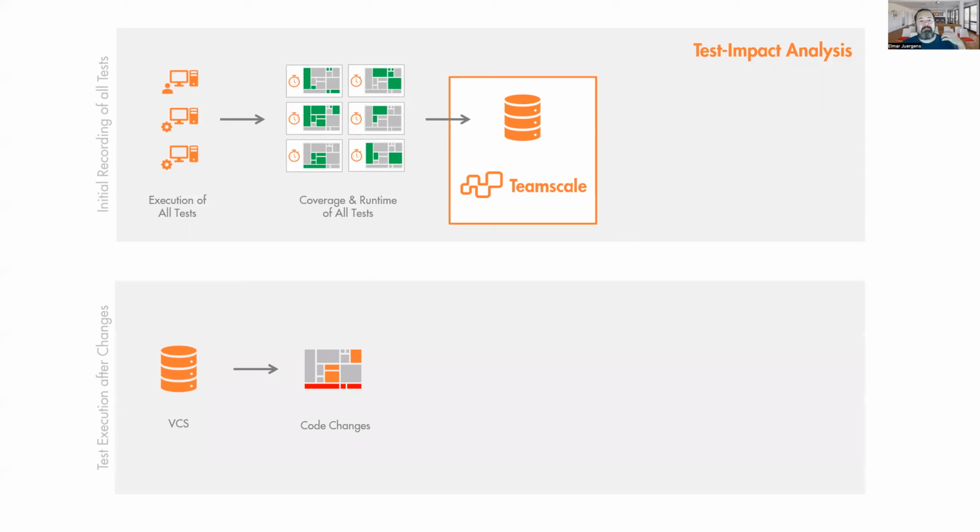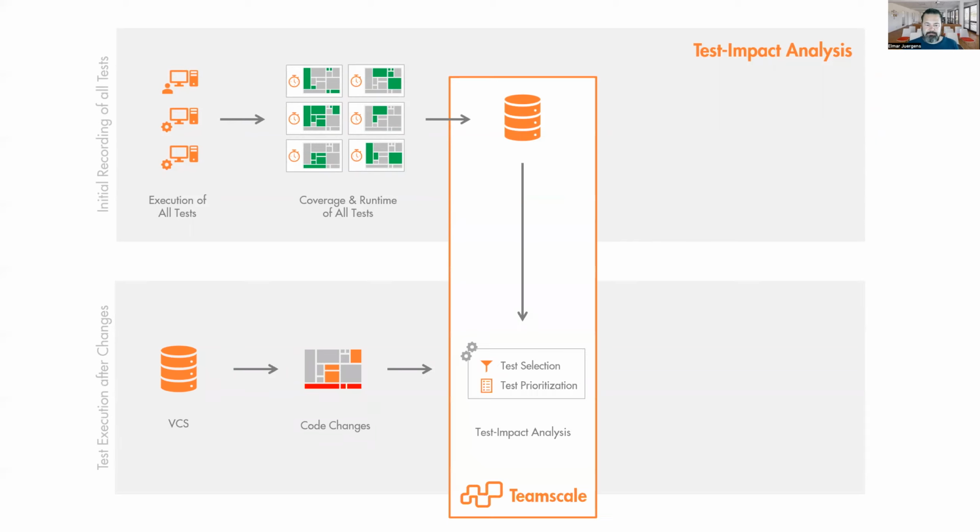Now, every time automated tests are run, the continuous integration platform can query Teamscale to know which tests to execute now. For that, Teamscale queries the version control system to know which changes happened, and then performs those two steps and outputs an ordered list of impacted tests, which we can then execute to quickly find new bugs.